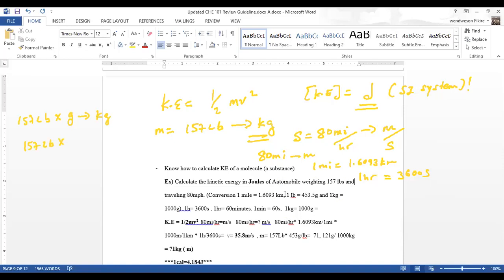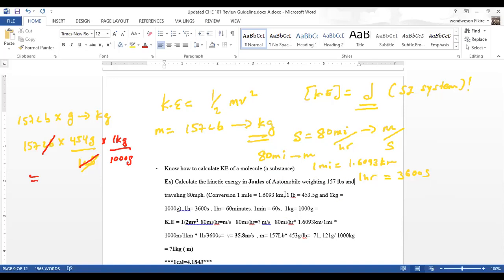I would say 454 grams. I need your help in the calculation. And once this is changed, then we change the grams into kilograms, which means 1 kilogram over 1,000 grams.